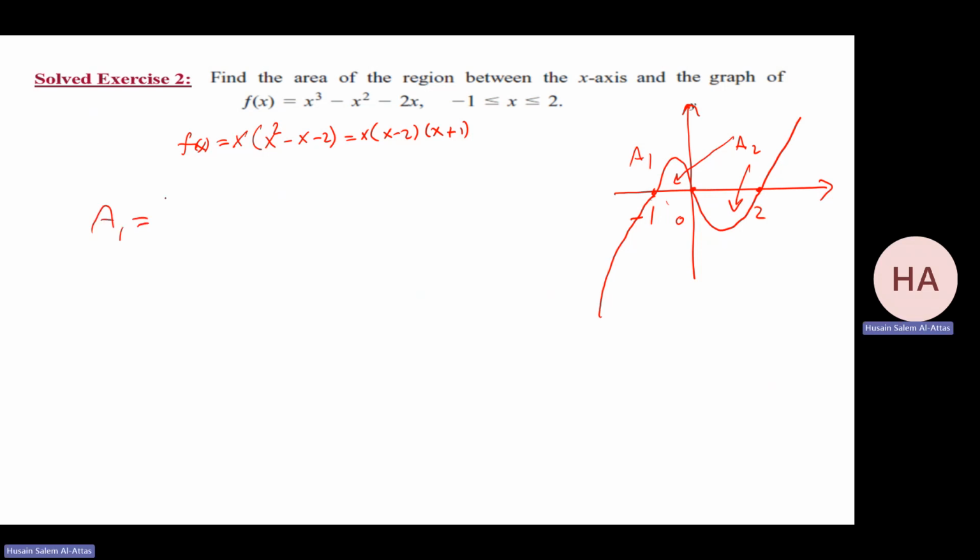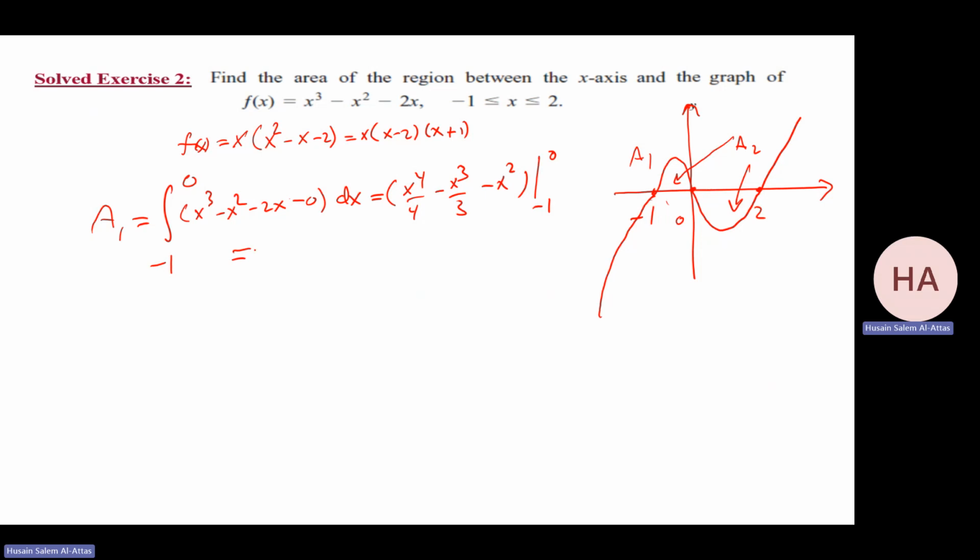A1 will be the integral from minus 1 to 0 of the function minus 0, which has no meaning, dx. That gives me x to the power 4 over 4 minus x cubed over 3 minus x squared, and this is from minus 1 to 0.